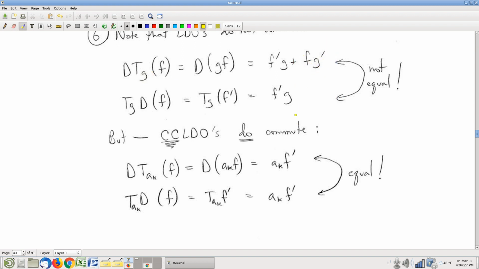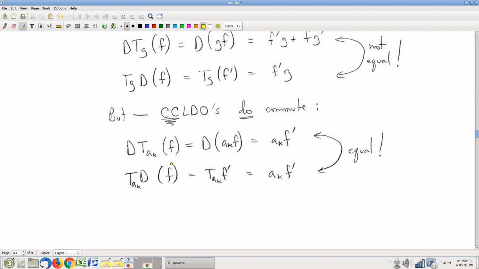Said differently, if you multiply by a, then take a derivative, or if you take a derivative and then multiply by a, you get the same thing. So neat. Really, good fortune. We had a little disappointment that multiplication wasn't commutative. But now, given that we're looking at constant coefficient transformations, it is commutative. And this actually gives us a really nice benefit as follows.